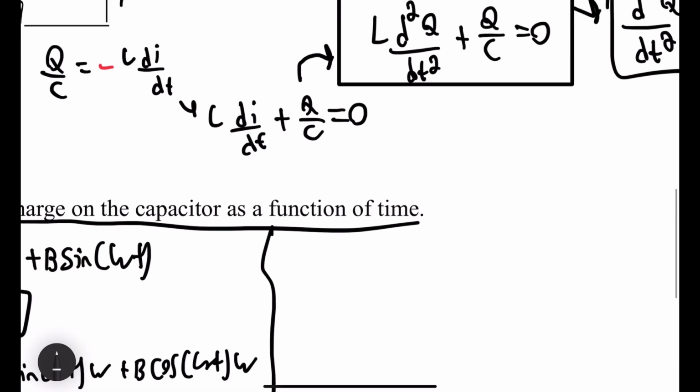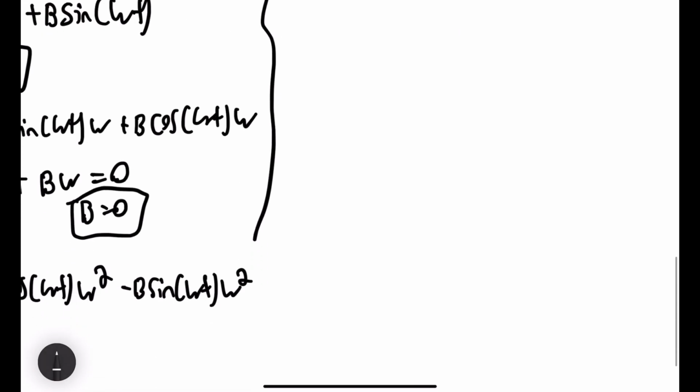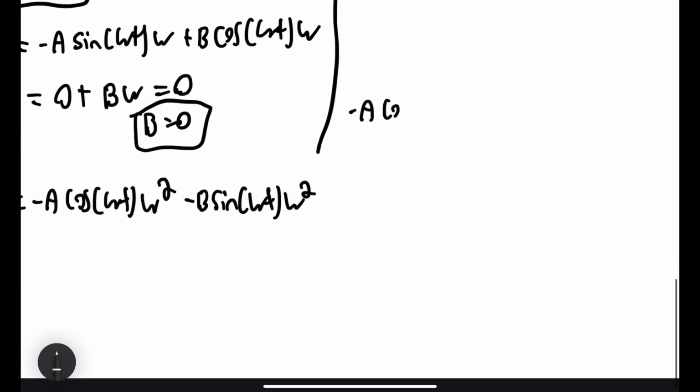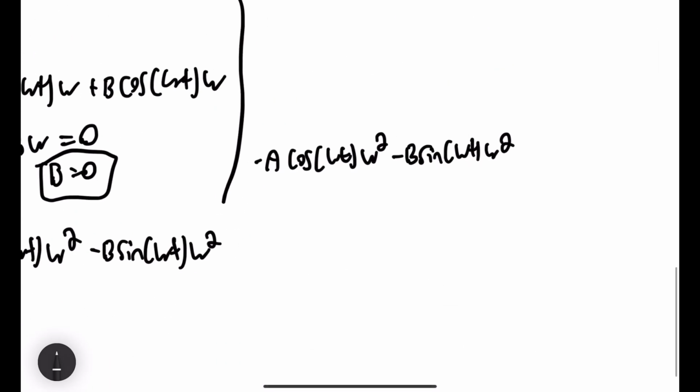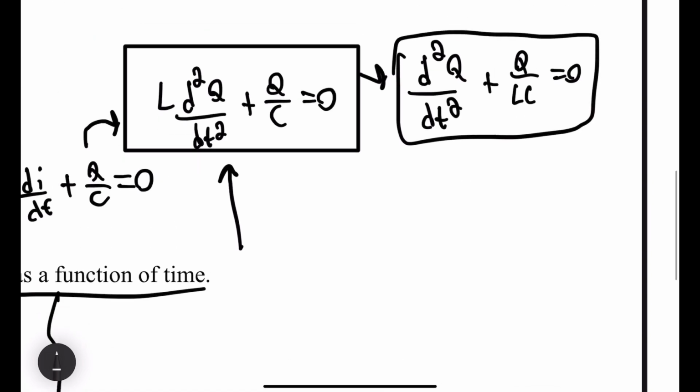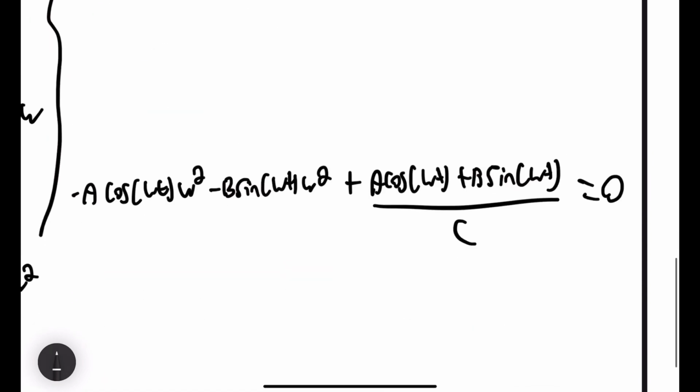So now I'm going to plug that into my equation up here. So I would have negative a cosine omega t, omega squared, minus b sine omega t, omega squared, plus q, which q was a cosine omega t plus b sine omega t, over c is equal to 0.